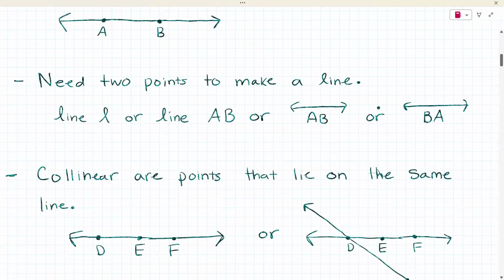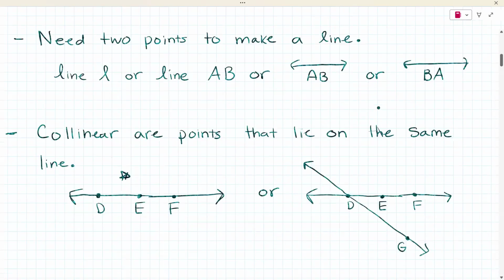So what about collinear? Collinear points are points that lie on the same line. Later on, your teacher may ask in a homework problem what it means for something to be collinear. It just means they have to be on the same line. So this is an example of collinear.